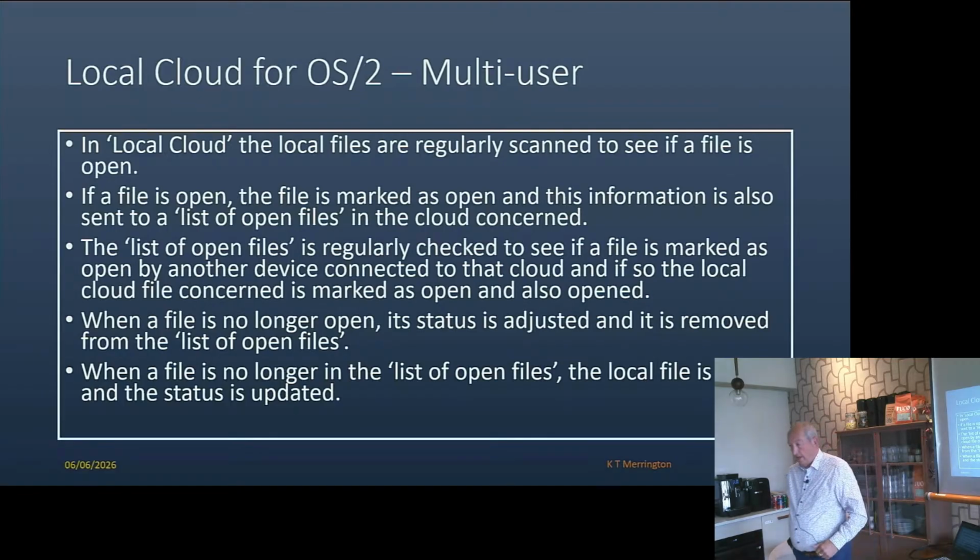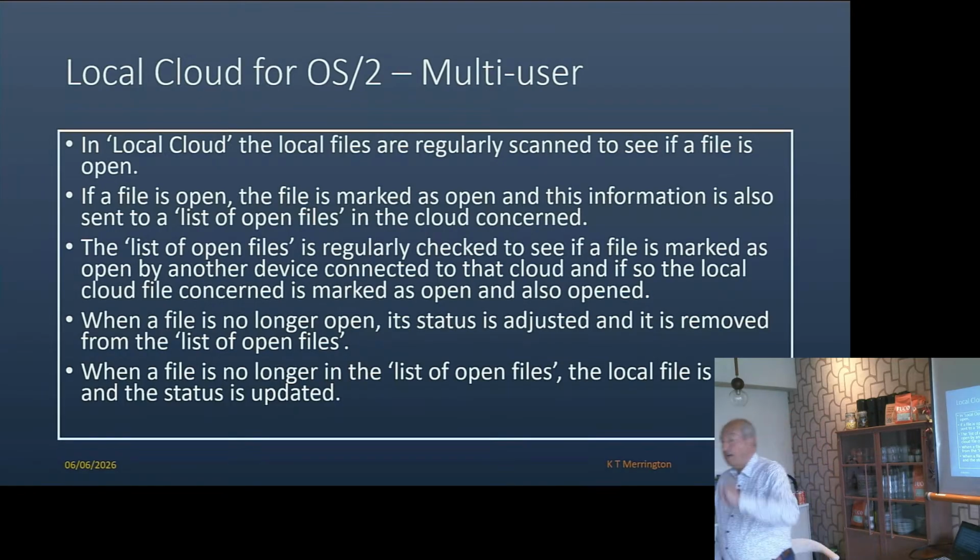What we also do is, if Greg opens the file on his system, you have the file on your system, it will open the file on your system. Then you can't open it yourself, right? And vice versa. So this is the way it blocks.